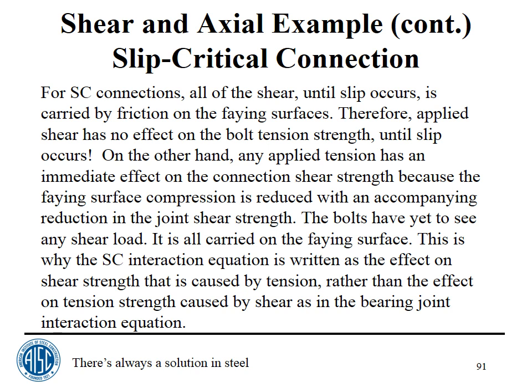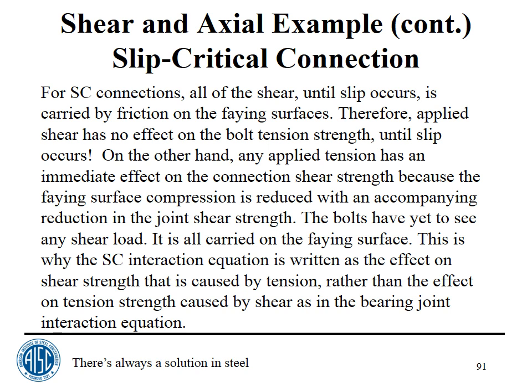For slip critical connections, all of the shear, until slip occurs, is carried by friction on the faying surfaces. Therefore, applied shear has absolutely no effect on the bolt design tension strength until slip occurs. On the other hand, any applied tension to this type of joint has an immediate effect on the connection shear strength, because the faying surface compression is reduced with an accompanying reduction in the joint shear strength.